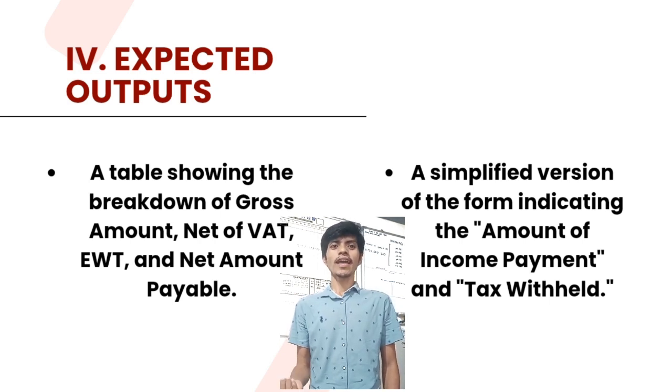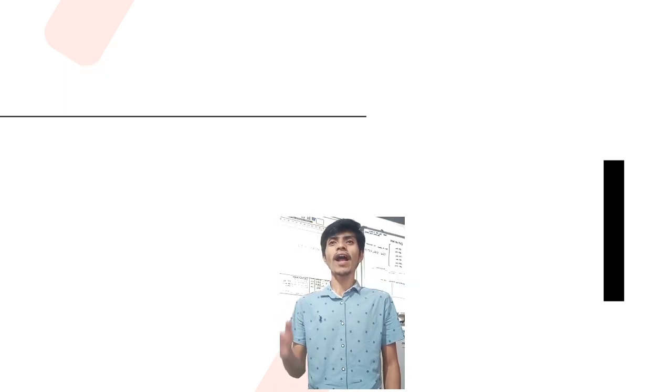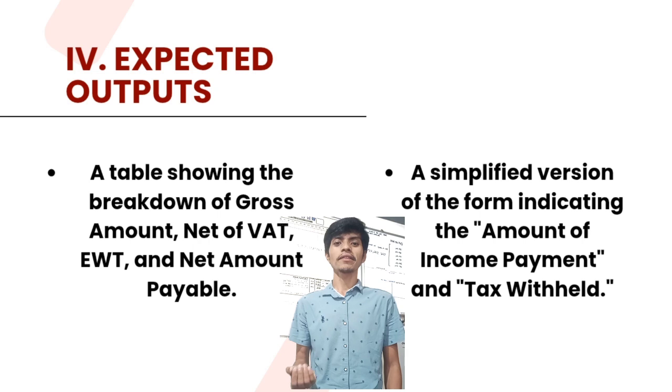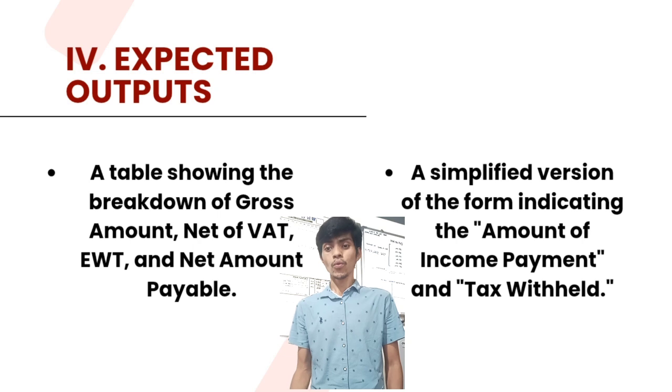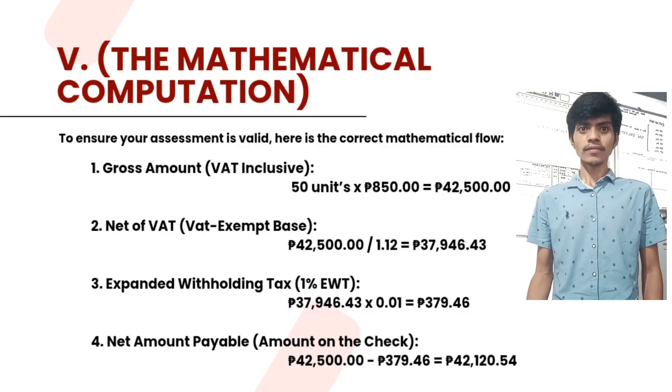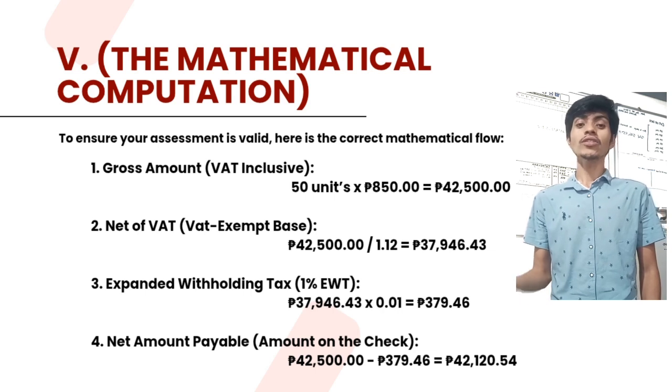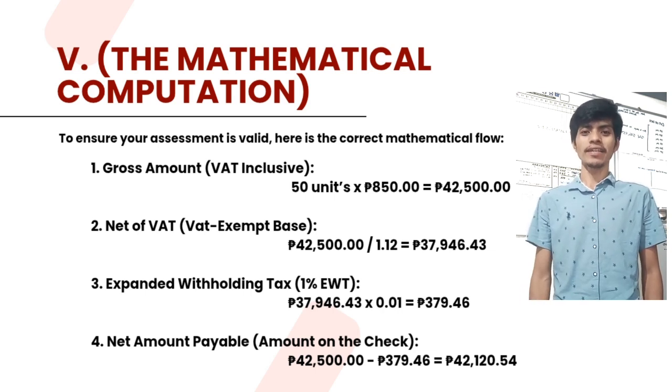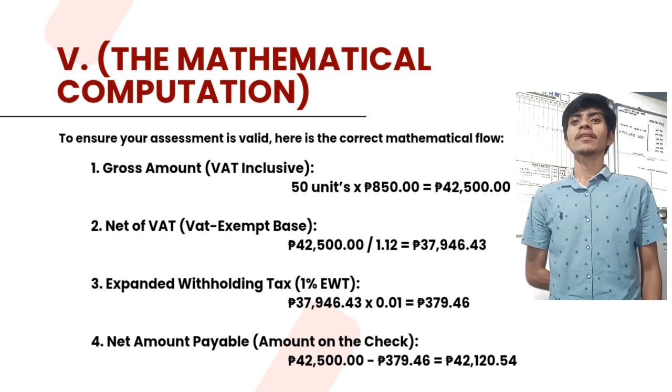This computation gets the tax withheld, or how much is withheld from the suppliers, and the company is liable to pay it. Now the mathematical computation, to ensure your assessment is valid. Here is the correct mathematical flow.